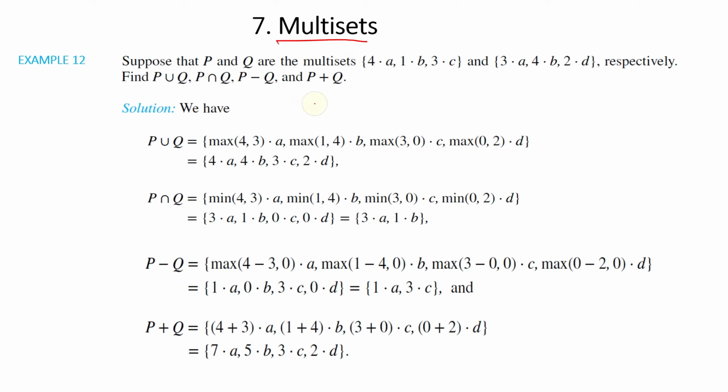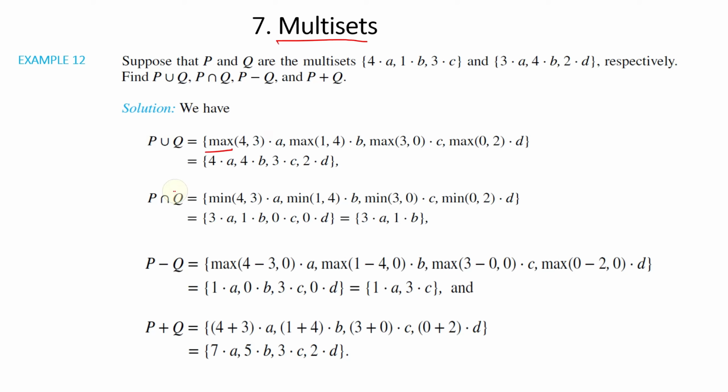In the union of sets we don't care about duplications, but in multisets we do. When grouping things together with the union, I look at the maximum.